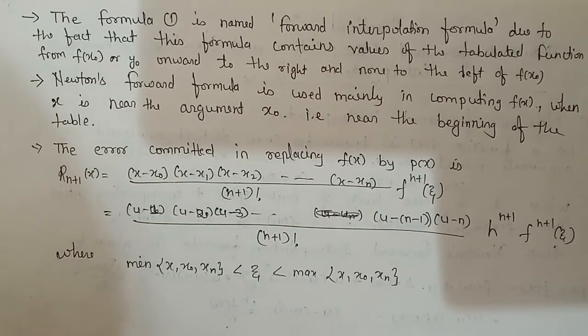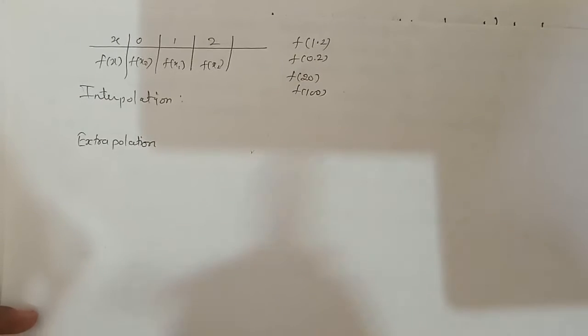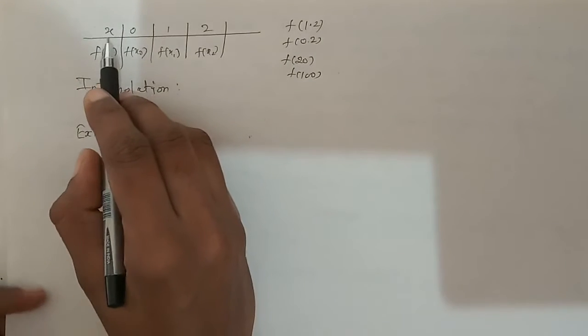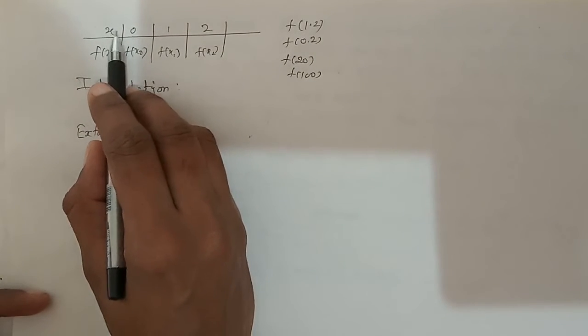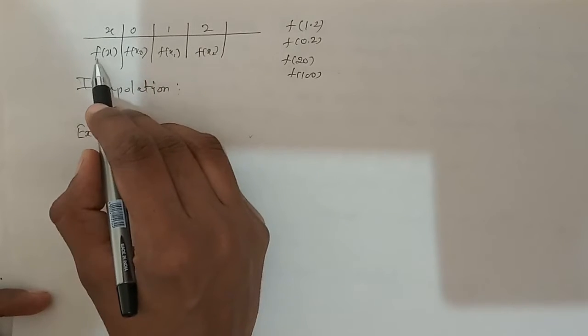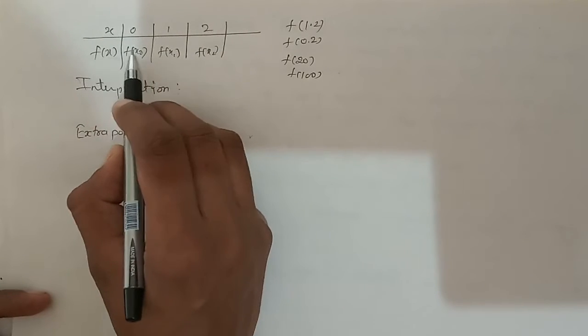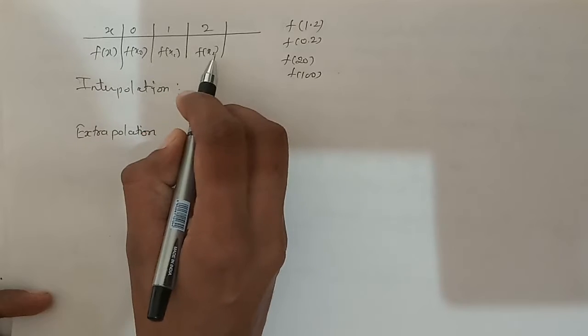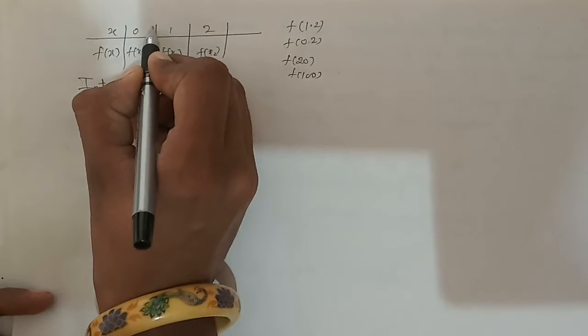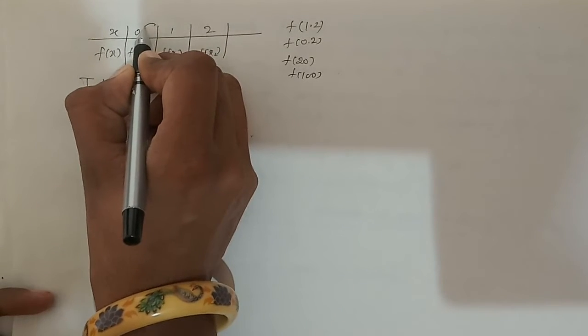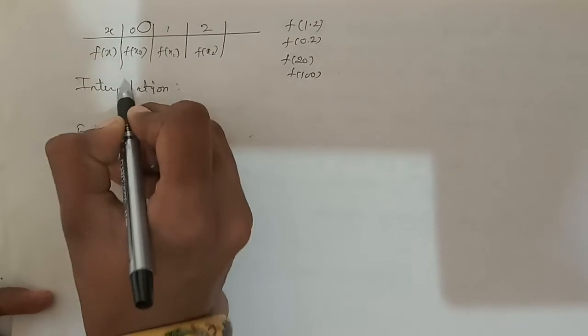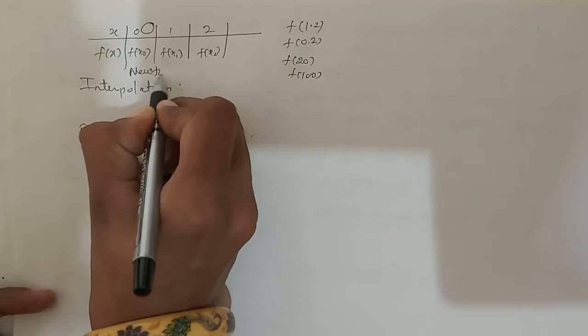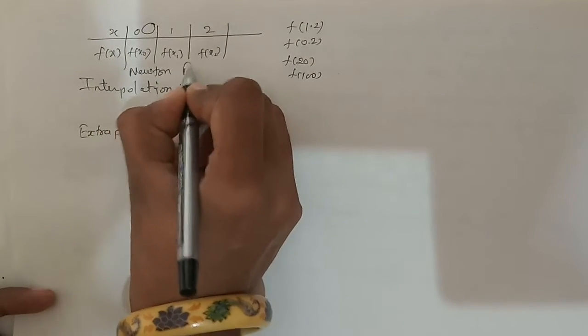Suppose I have drawn a table in which we have given the values of x as 0, 1, 2, and according to them we are getting entries f of x0, f of x1, f of x2. If we have to calculate any value nearer to 0, then we will use Newton's forward interpolation formula.